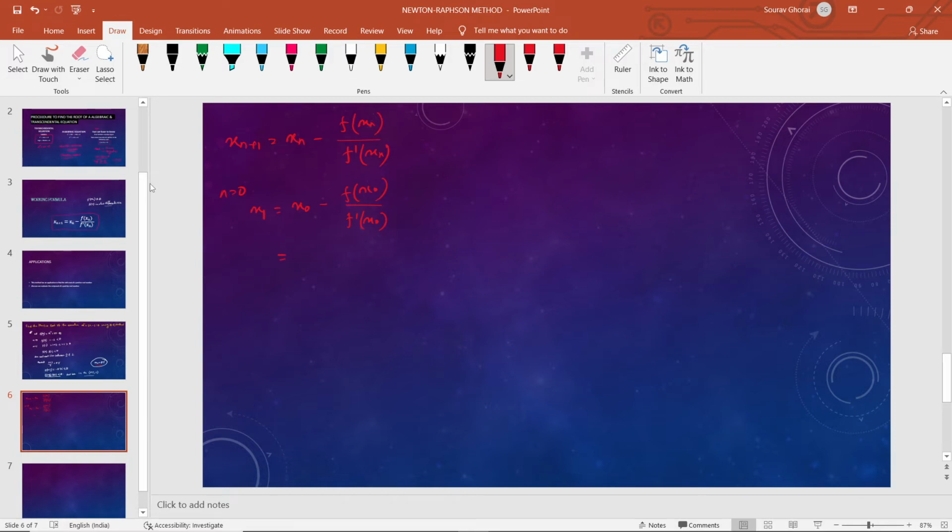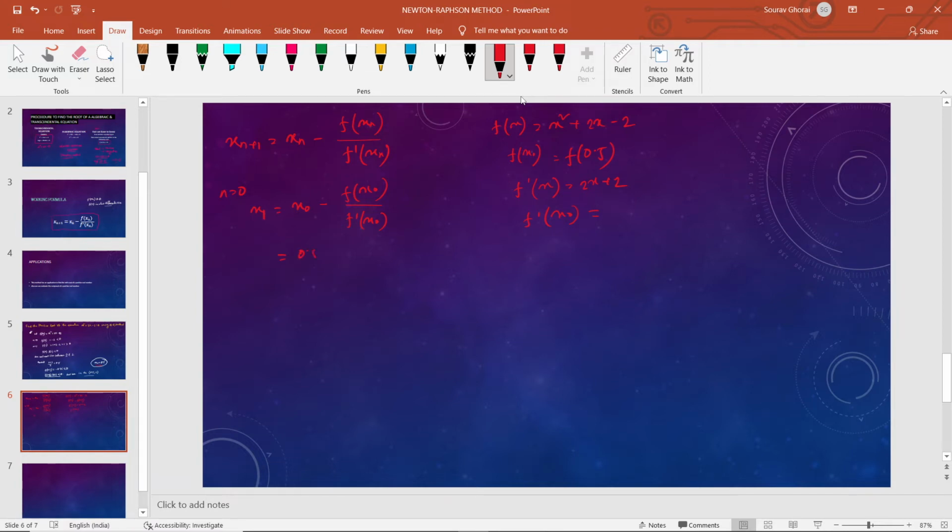We will take the value of x0, and the equation we take is f(x) equal to x square plus 2x minus 2. So you have to calculate f(x0), that is f(0.5), and f dash x, that is 2x plus 2. You have to calculate f dash x0 also.